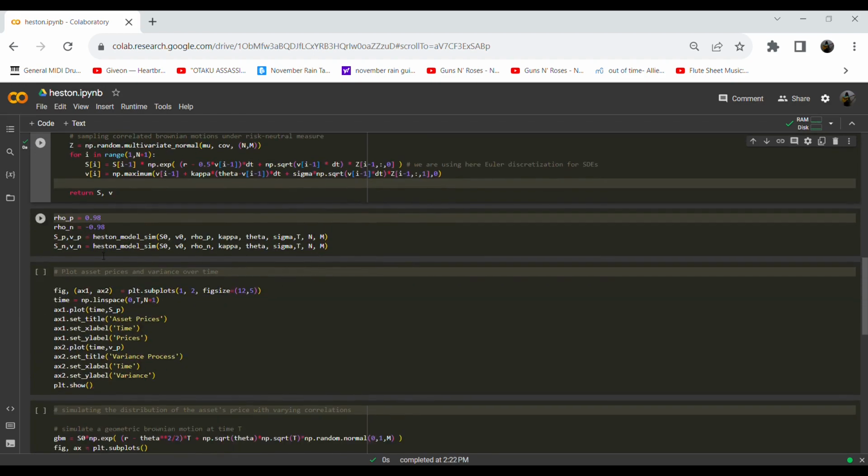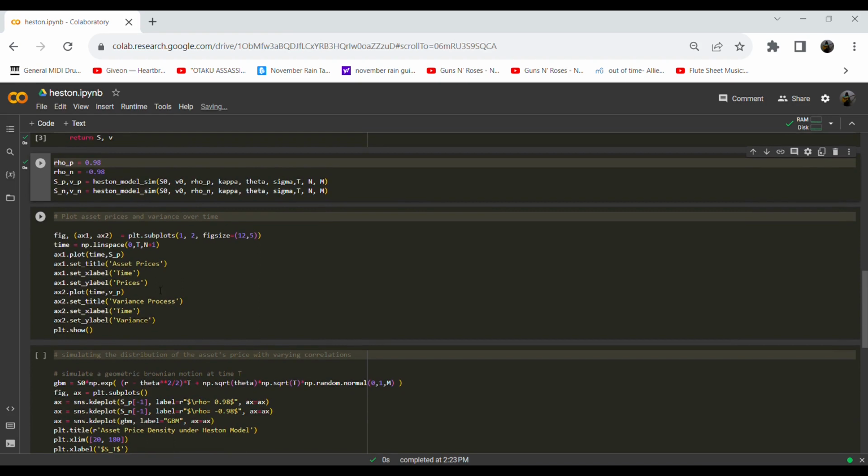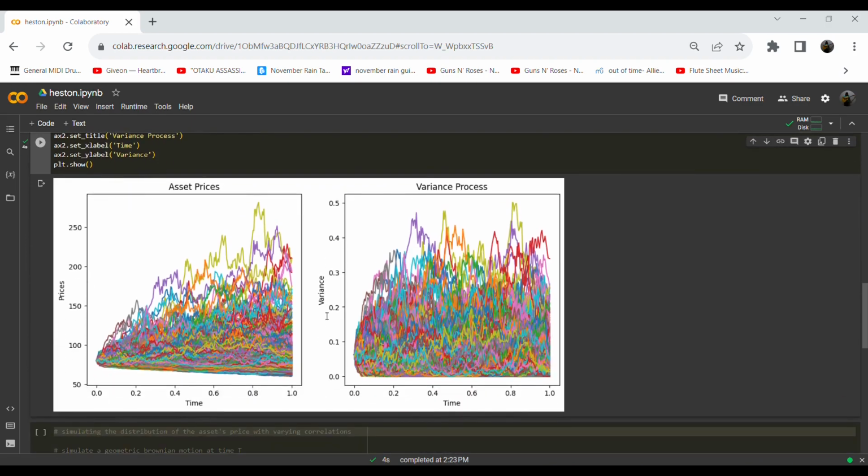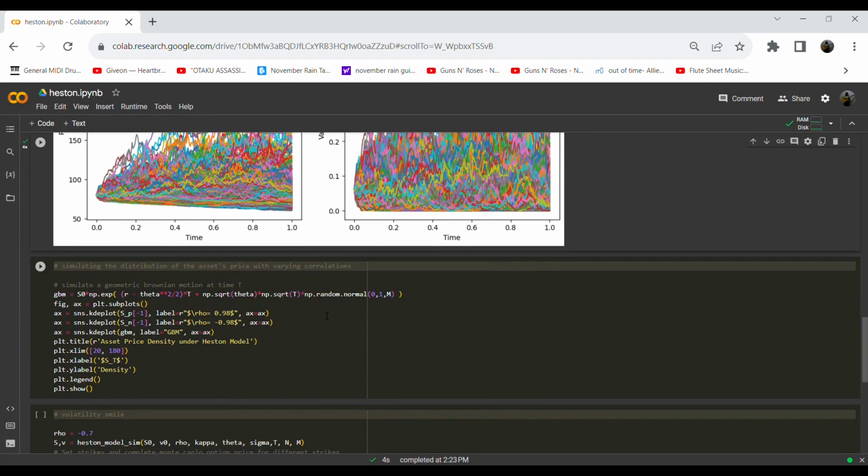And now finally, let's call the simulation of the Heston model. Okay, so here let's plot asset prices and variance over time. Now let's simulate the distribution of the asset price with varying correlations.